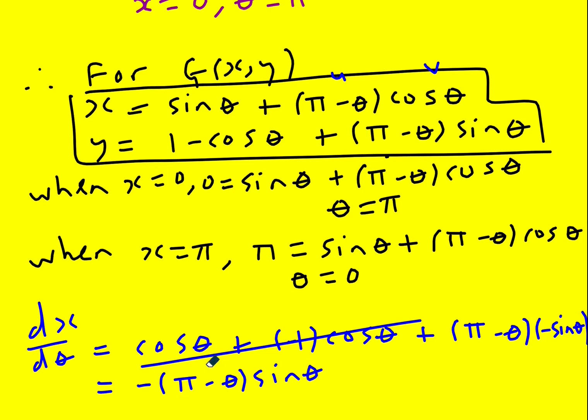Now I'm going to leave it like this. You could write it as theta minus pi, but I'm going to be consistent with all the rest and keep it as pi minus theta. And there's a reason for that, which we'll see in a minute.